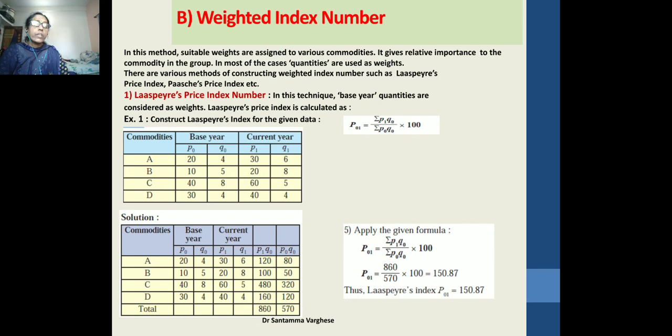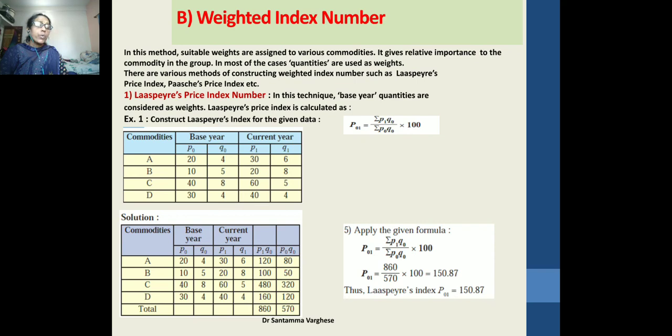So you got how we calculated it. Once more, P1Q0 is calculated by taking the price of the current year and the quantity of the base year: 30 into 4 is 120, 20 into 5 is 100, 60 into 8 is 480, 40 into 4 is 160.